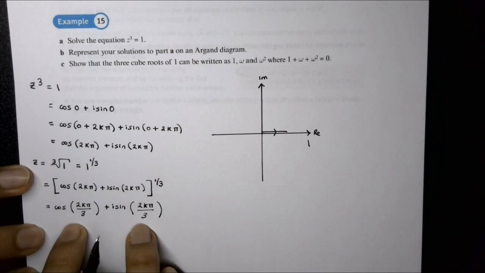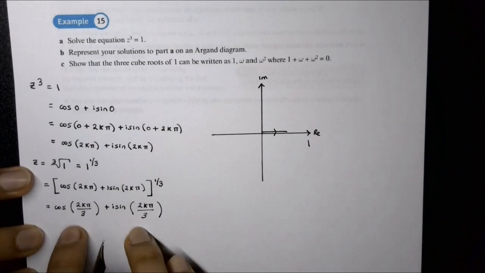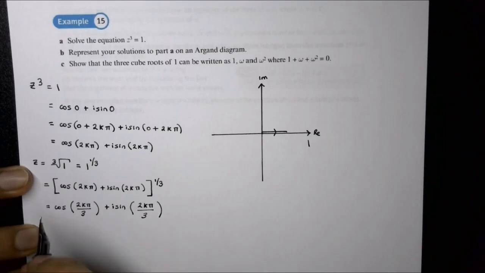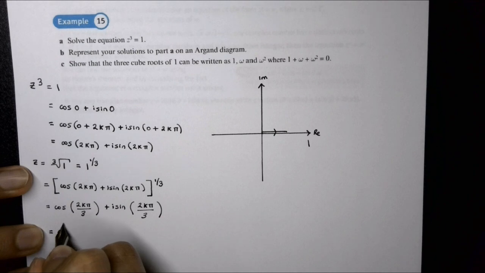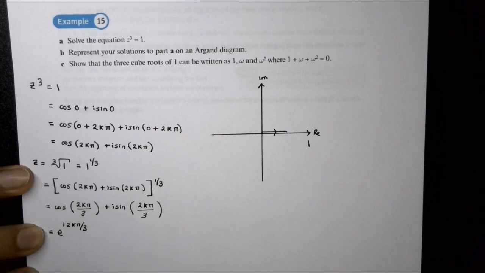Now, if you want, you can express this in exponential form. If you were to express this in exponential form, you would have e to the power of i times 2kπ/3.